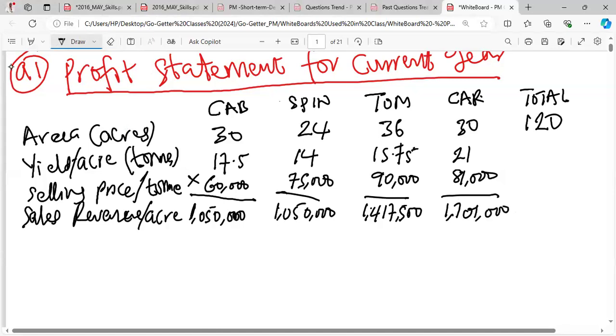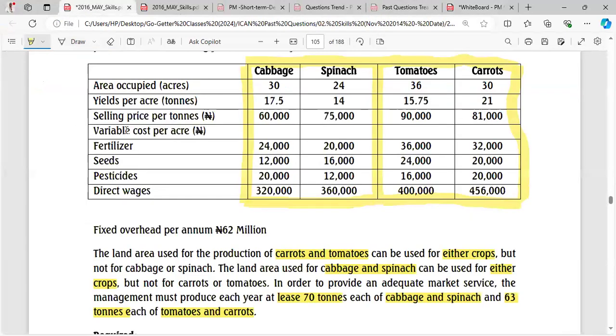All right, so this is revenue per acre. So that's not the revenue that we want, although we can still do it that way. This is per acre, because here variable costs were also given to us per acre.